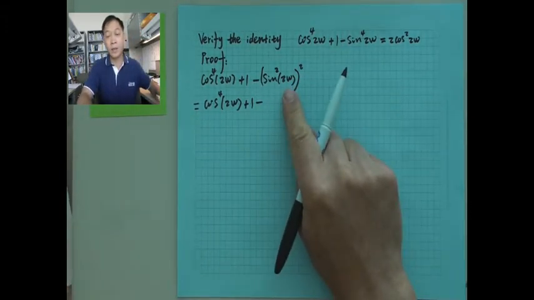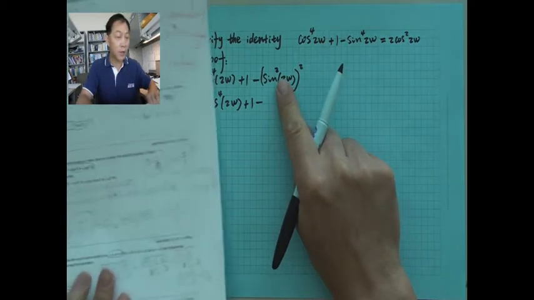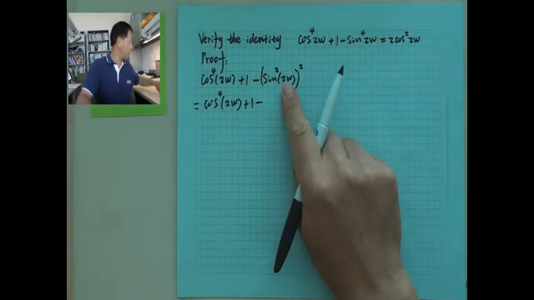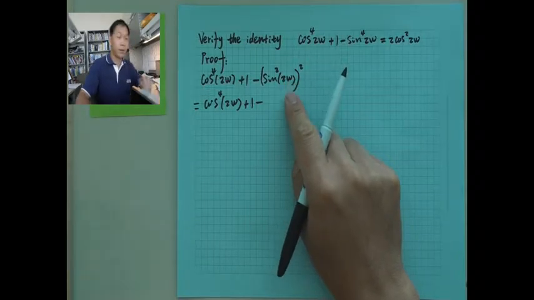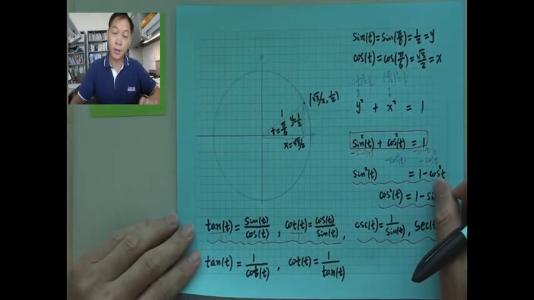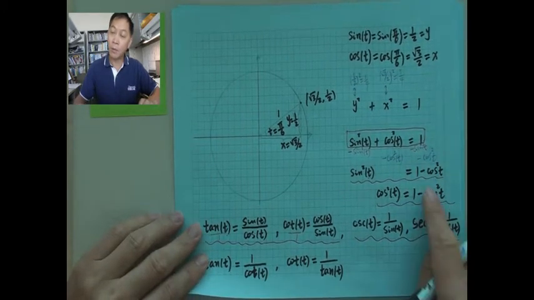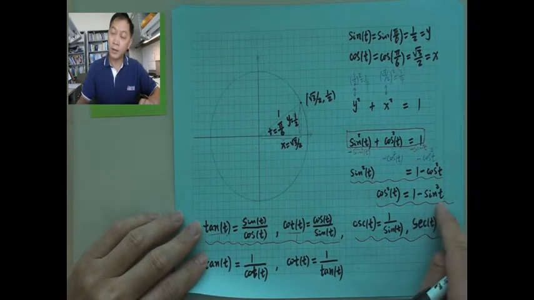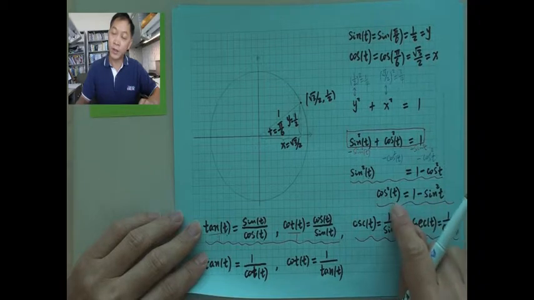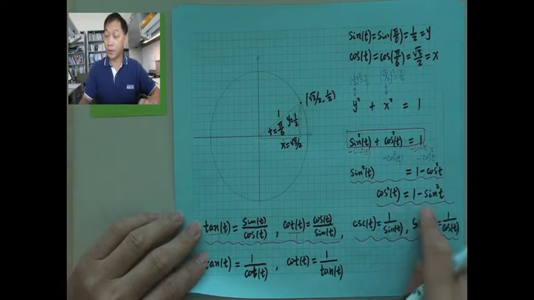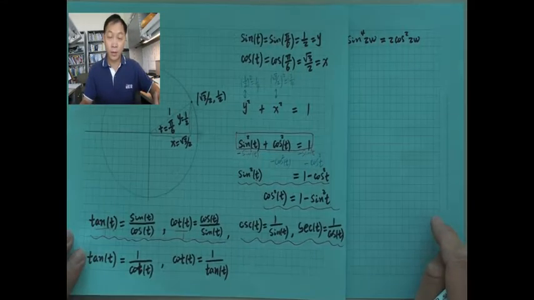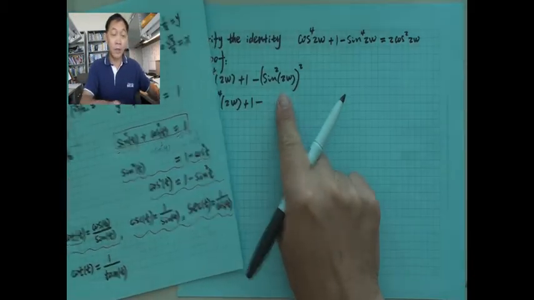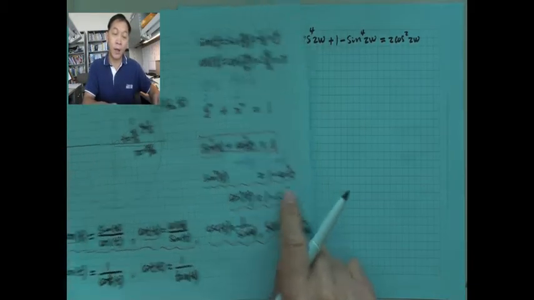Again, sine 2 omega squared. Recall the formula. Look, down here, you have 1 minus sine t squared is cosine. You want to use this one. Previously we used that. Now we use that.